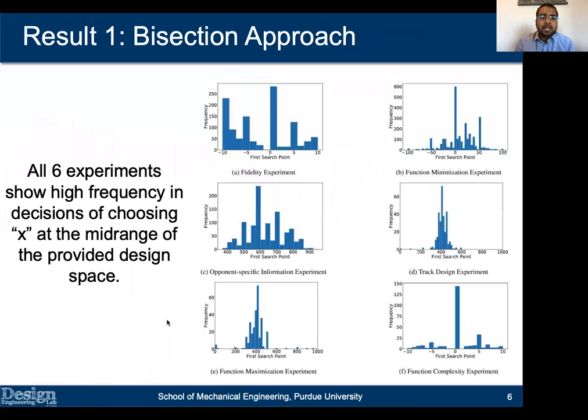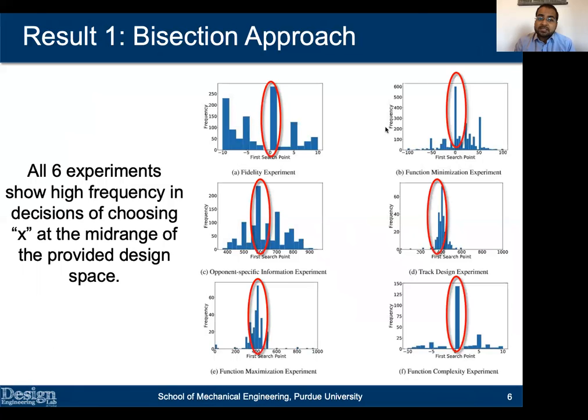Now, what we find is that when we plot the histogram of the first decision of choosing X across all these 6 experiments, participants across these different experiments tend to choose the midpoint of a given design space.